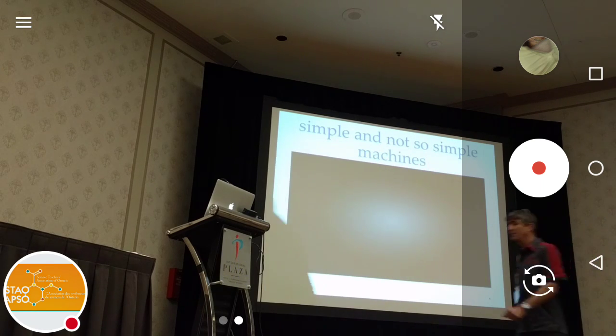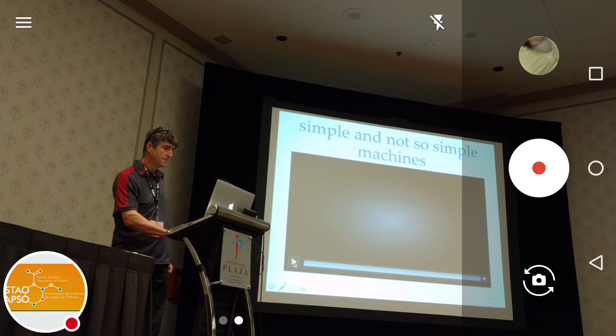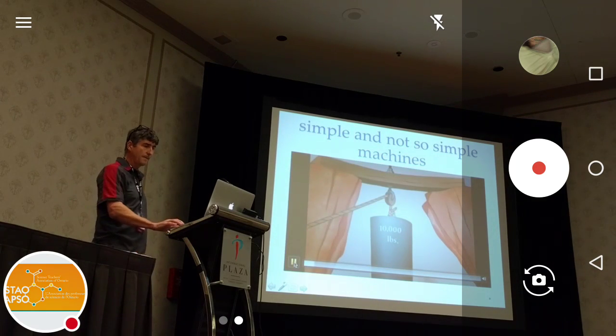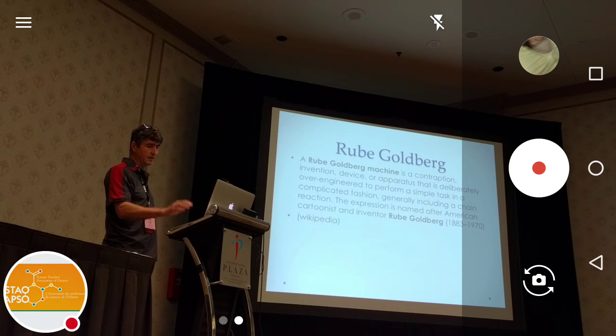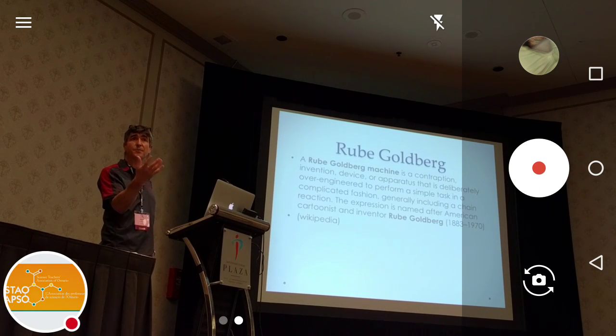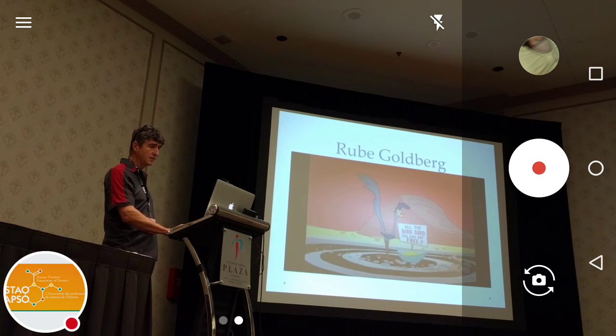And so here's an example. Oh no, that's not the one. It's okay. It was a nice example of simple machines. This one is one I want to show you.